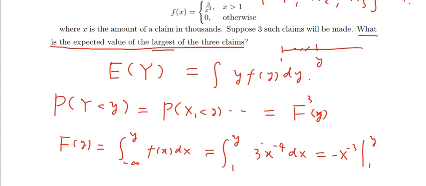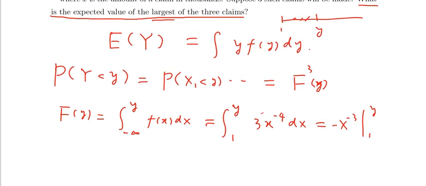So plugging in, y^(-3) and 1, this equals 1 minus y^(-3). So F(y) becomes 1 minus y to the negative 3rd power.